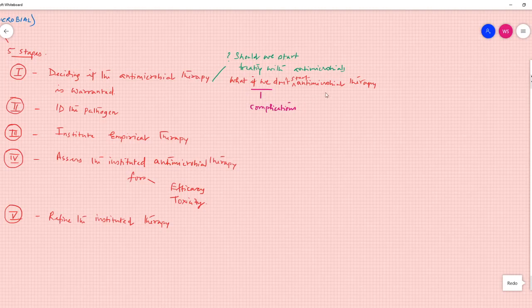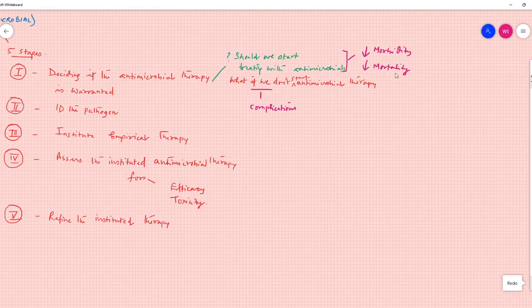Okay. So if we treat, what will happen? We can reduce morbidity and we can reduce mortality. Okay. Morbidity meaning a change in our functioning.